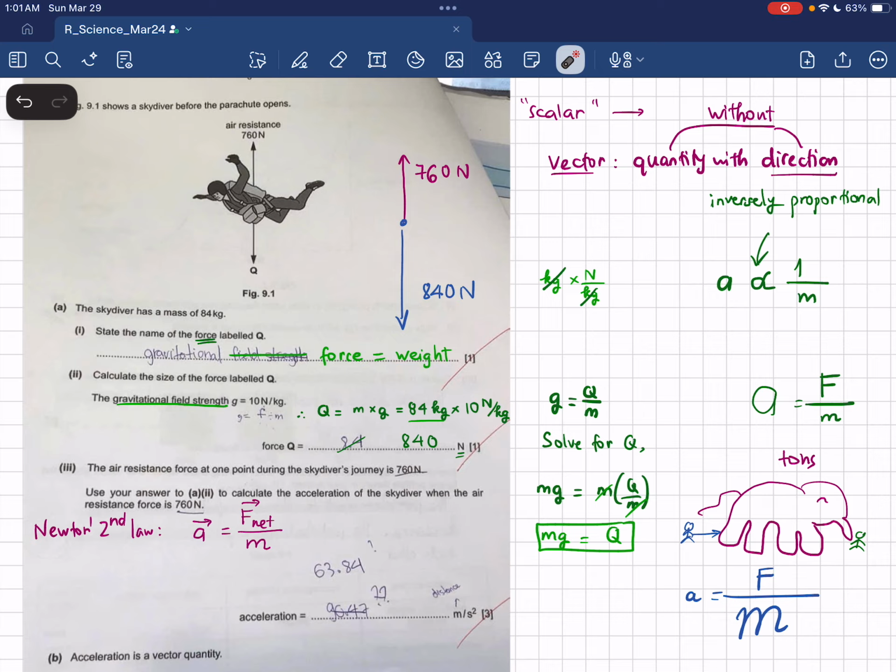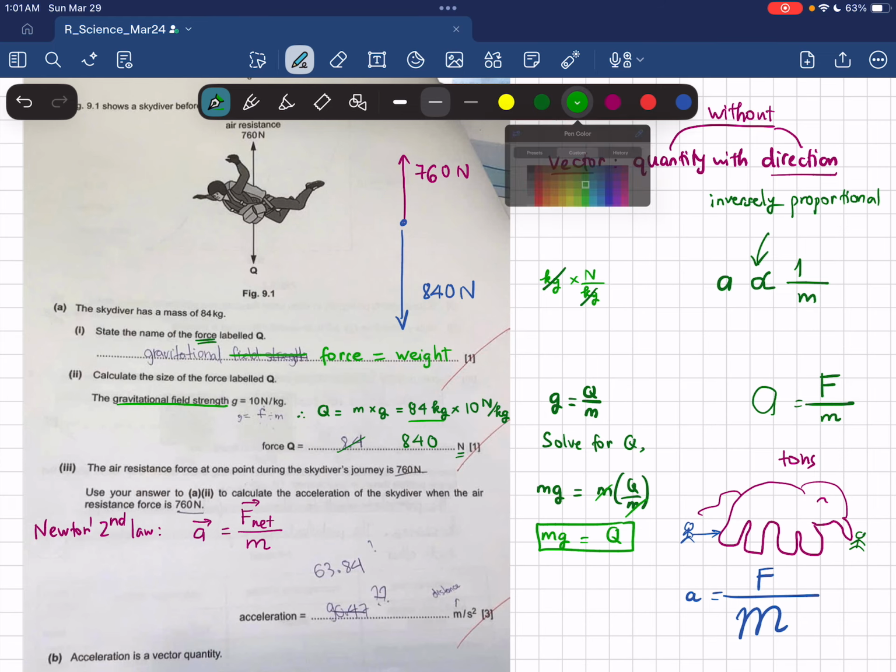Just like when you play tug of war, what could be the result here? It's very easy to see, right? In the end, the one going downward will be the winner.